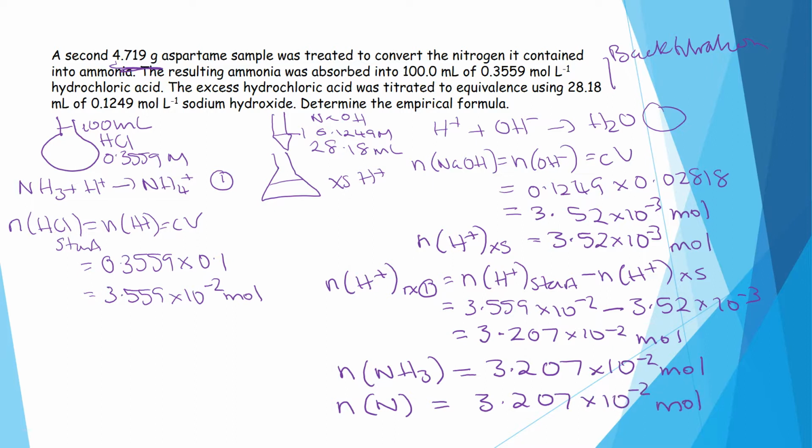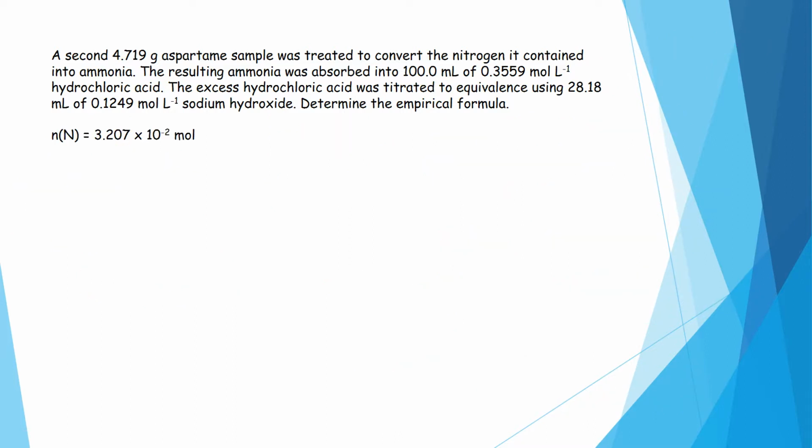And from here we'll be able to determine the percentage. Now let's continue on with this particular problem. We've now got the number of moles of nitrogen, so from here we're going to find the mass of nitrogen.